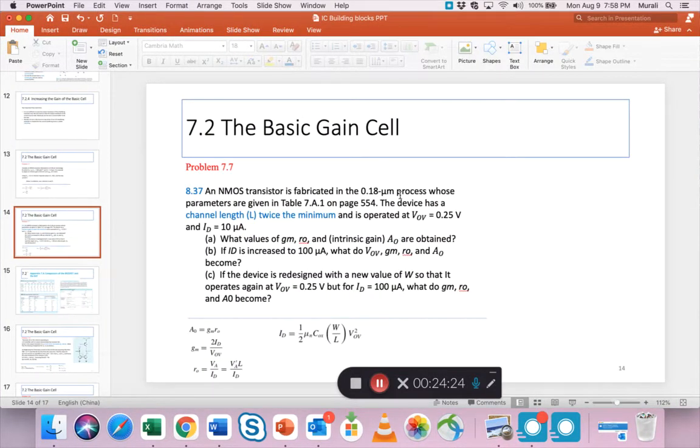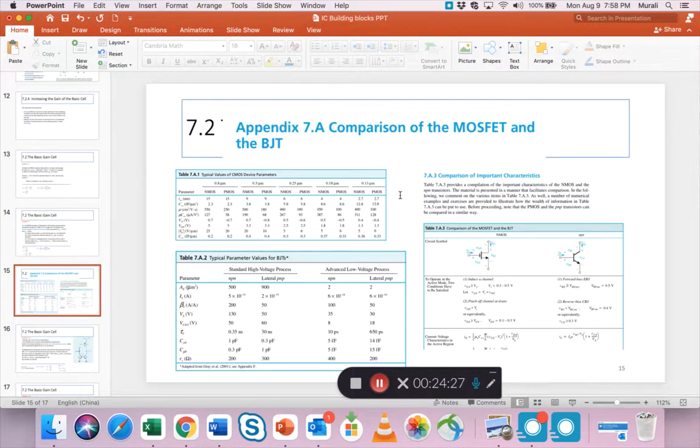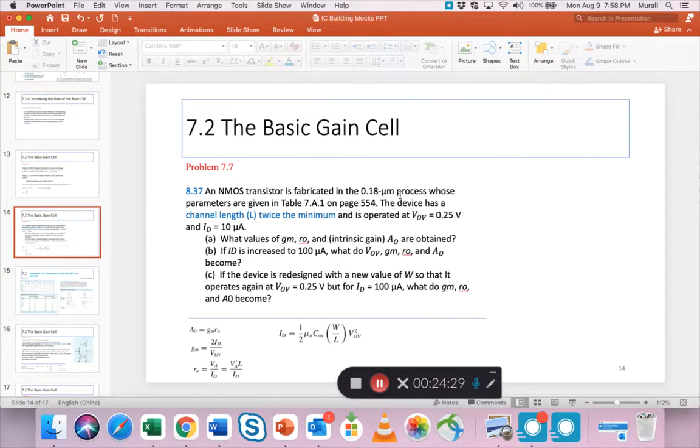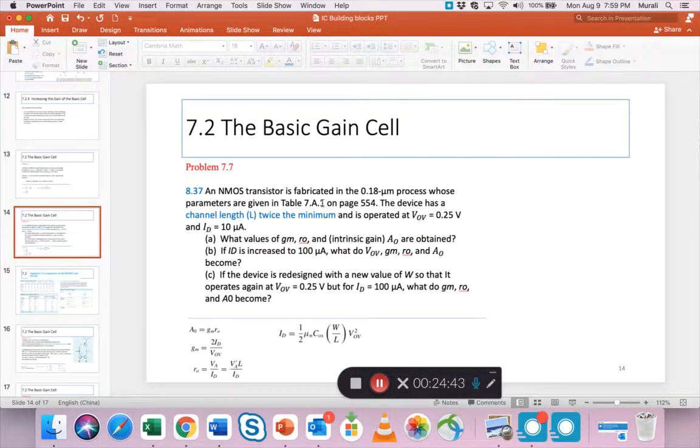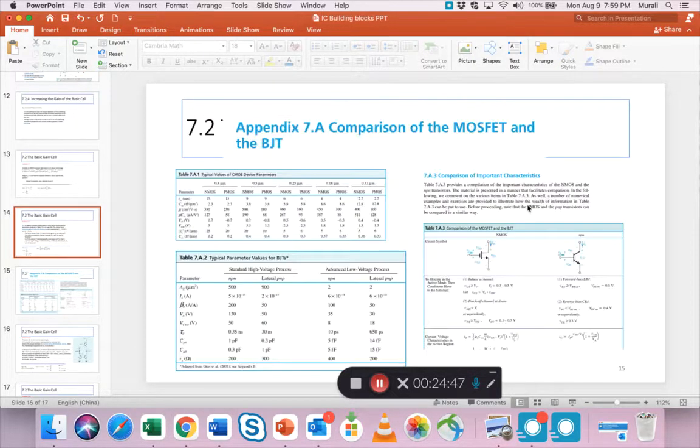So let's go to, yeah, this is where I picked up that piece of information. So for 0.18 NMOS, your VA prime is 5, right? So that's what is in table 7.8.1 on page 554.